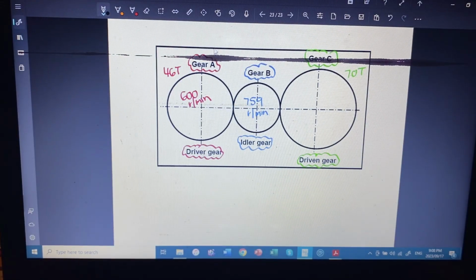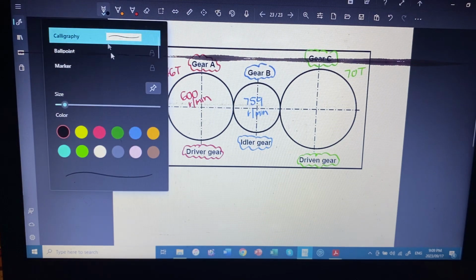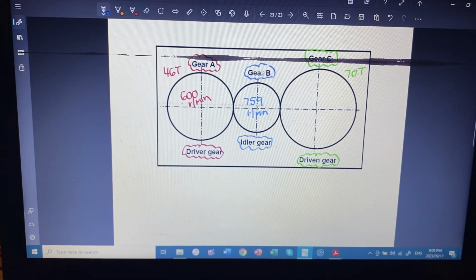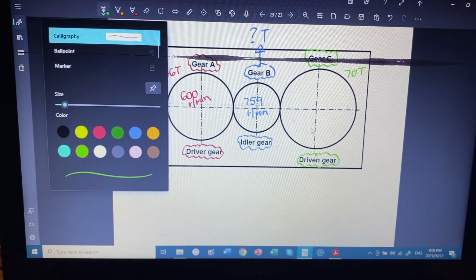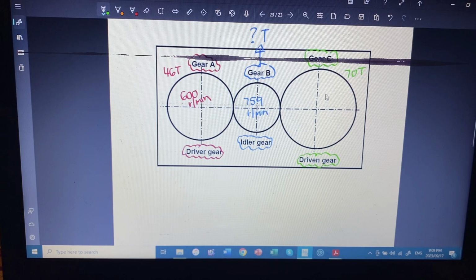So you see on my sketch I already indicated all of the information as I said to you. So the first question is they want you to go and calculate the number of teeth of gear B. So here, number of teeth.